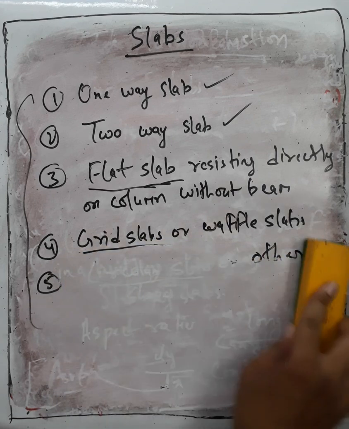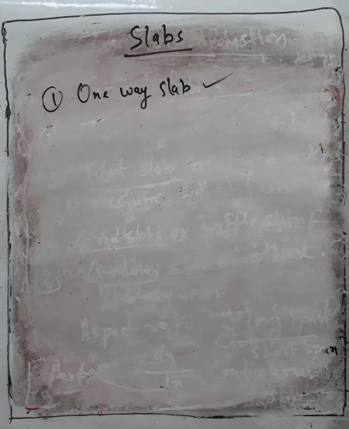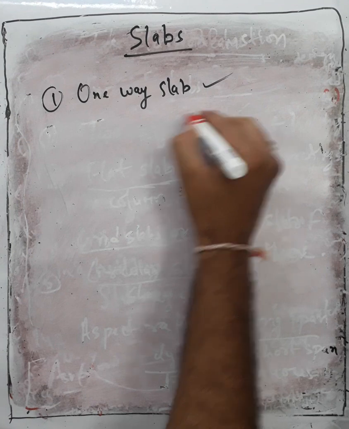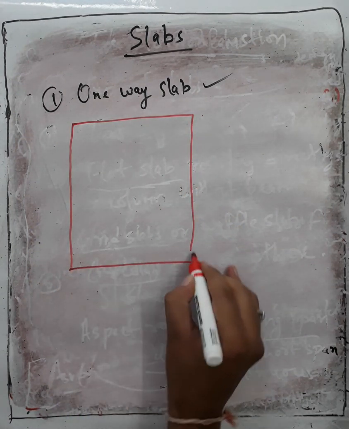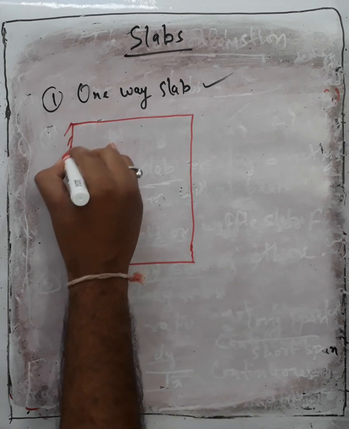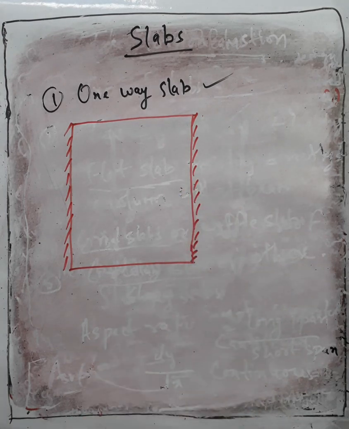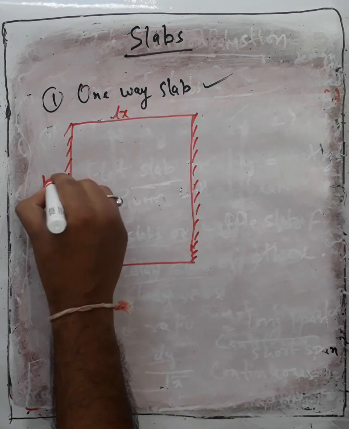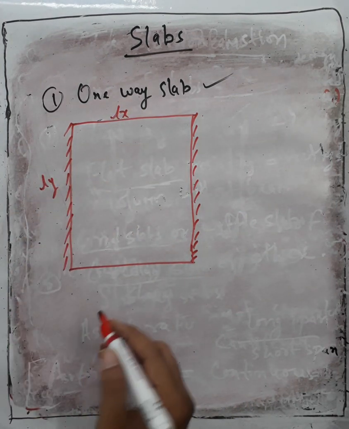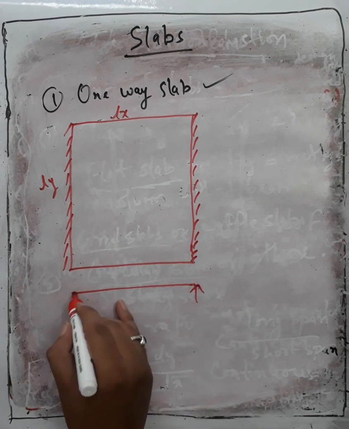So let's see. One-way slab. This is our slab, and this slab is supported by these two portions, and this shorter span is called Lx and this longer span is called Ly. When load is applied on this slab, it deflects along the shorter span like this.